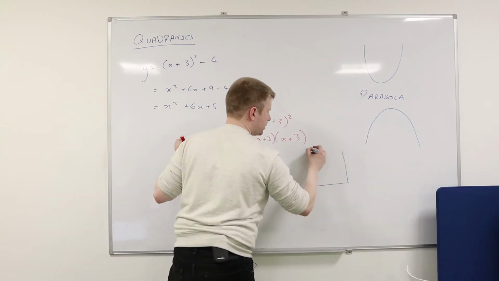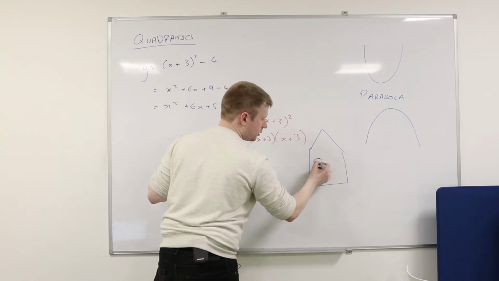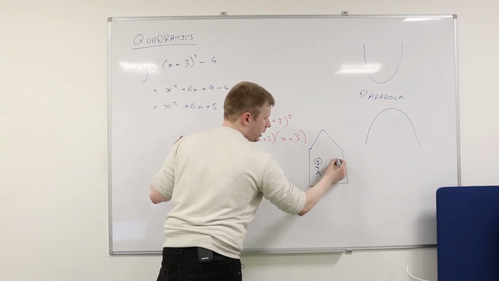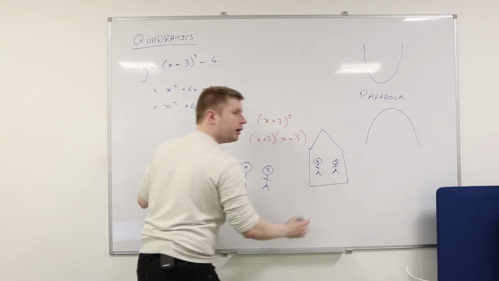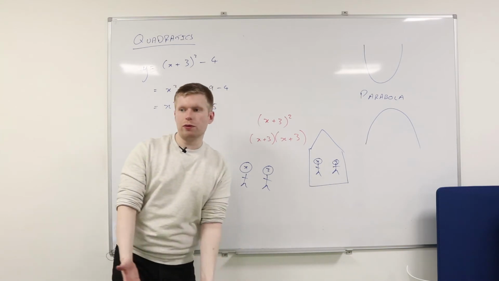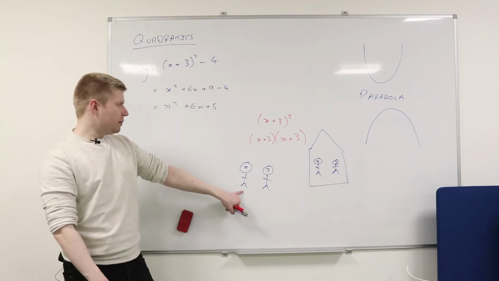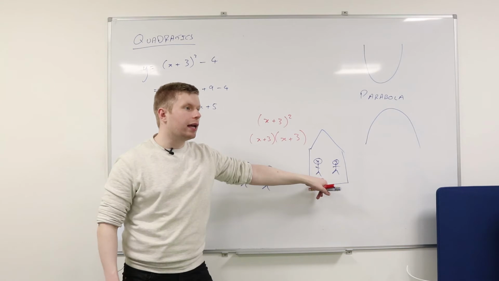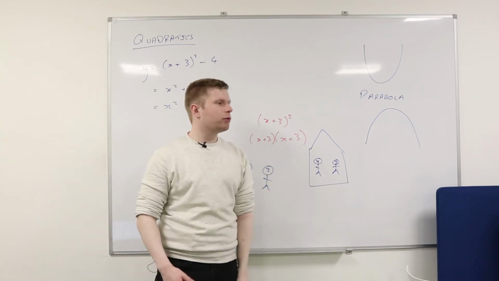So they are going to visit Mr. X and Mrs. 3. Now, obviously, if you go and visit someone in a house, it's rude if you don't say hello to everyone, right? So Mr. X has to say hello to everyone in here, and Mrs. 3 has to say hello to everyone in here.